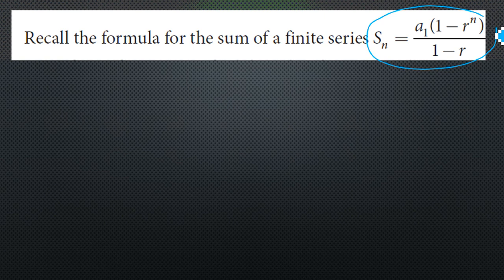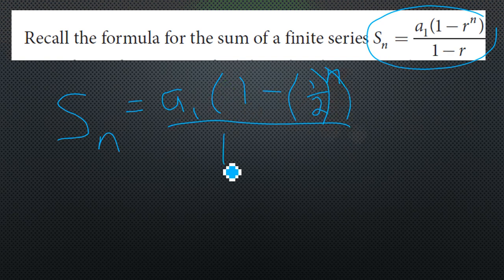This formula actually reduces down to an easier formula to work with when we have a ratio less than 1 and bigger than -1. So watch what happens. So if we have A1 here, and if our R is a fraction, so something between -1 and 1, when we raise that piece right there to a high exponent, like when I do 1/2 raised to the 100th, I get a really small piece.